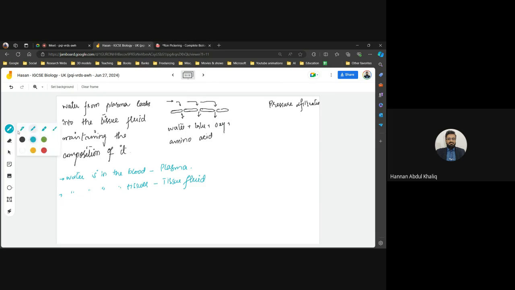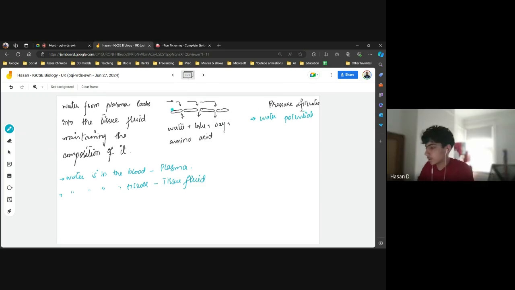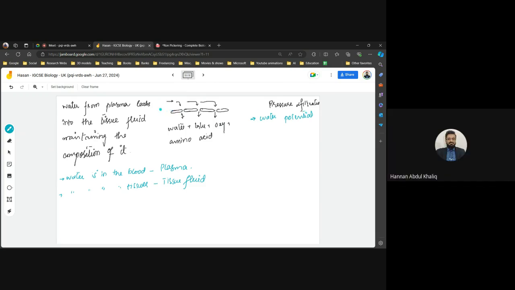And the water, obviously, would be moving according to the principle of water potential, from higher water potential to lower water potential. Now this is going to be very interesting. When the flow of blood is from left to right, over here the water potential is higher than the tissue, so the water would be moving inside.